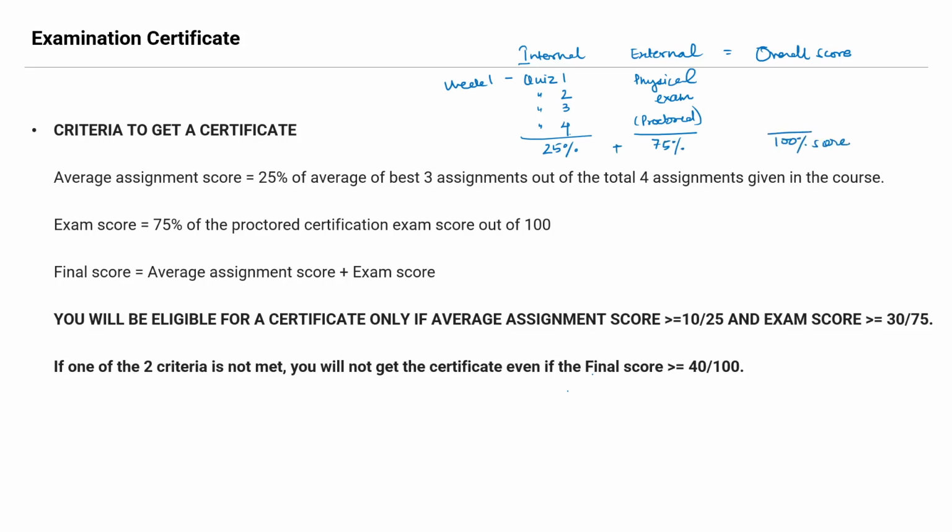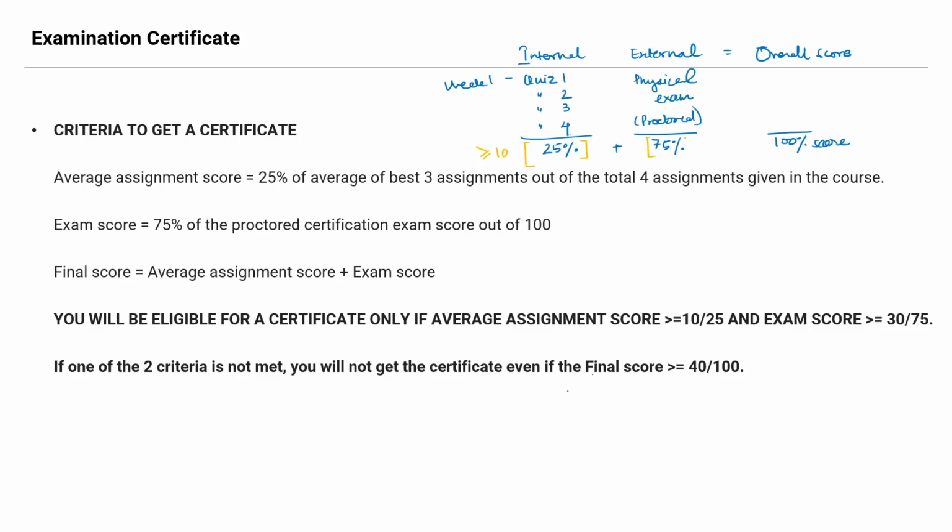Okay. Now, there is a precondition to it. The condition says that for the internal part, which is the 25% weightage, your score needs to be more than or equal to 10.